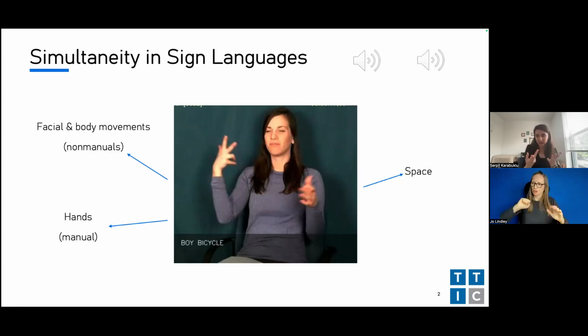The signer also uses the space to introduce the boy and bike and how the crashing is happening. She also uses her facial expressions like brow raise to convey focus and emphasis, and other facial expressions to convey how the event happened. So all these components work together.